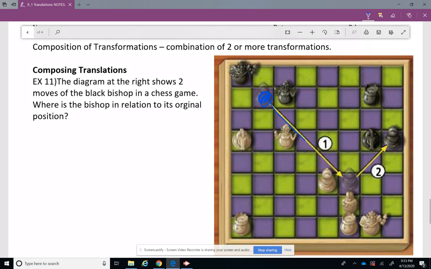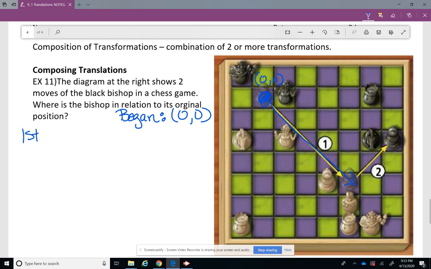Okay, he moved here. All right, everybody see that? That was his first move. So we're going to use 0, 0 as its beginning. Okay, so we're going to say 0, 0 is where he began. That's the starting point, okay? We're just going to let that be coordinates.